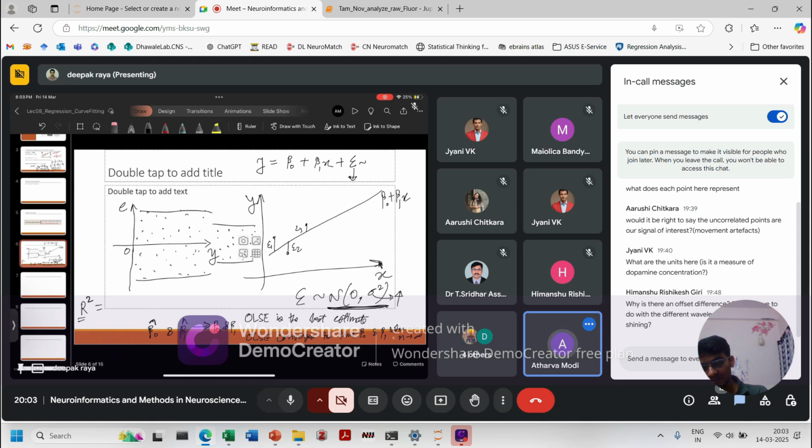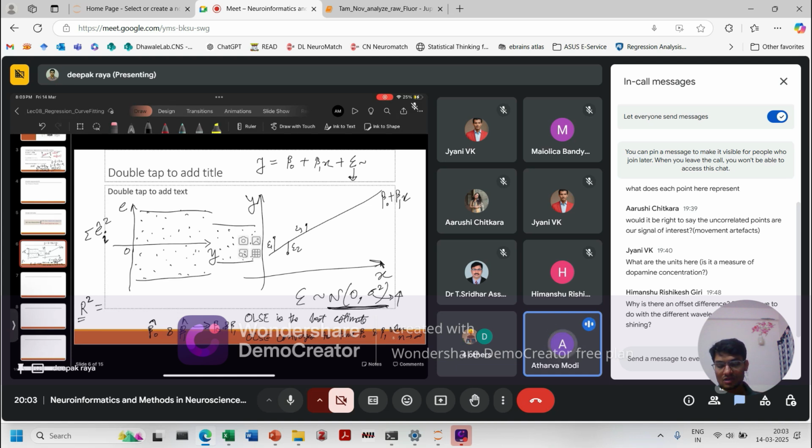This spread in itself can be denoted by sigma of ei square, right? You have already minimized that for a particular line.